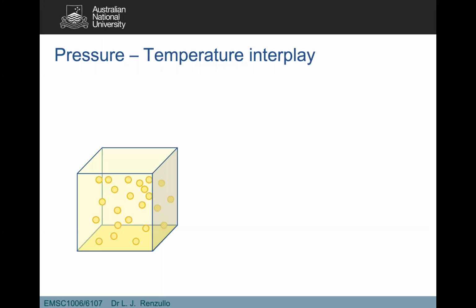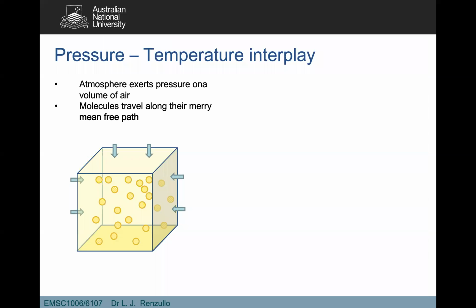Let's think about the relationship between pressure and temperature for a bit. So here we have a parcel of air, a volume of air with atmospheric pressure exerting force in all directions on that parcel. Molecules inside that parcel of air will go along their merry way on what's called their mean free path. That's the distance between collisions of the molecules.